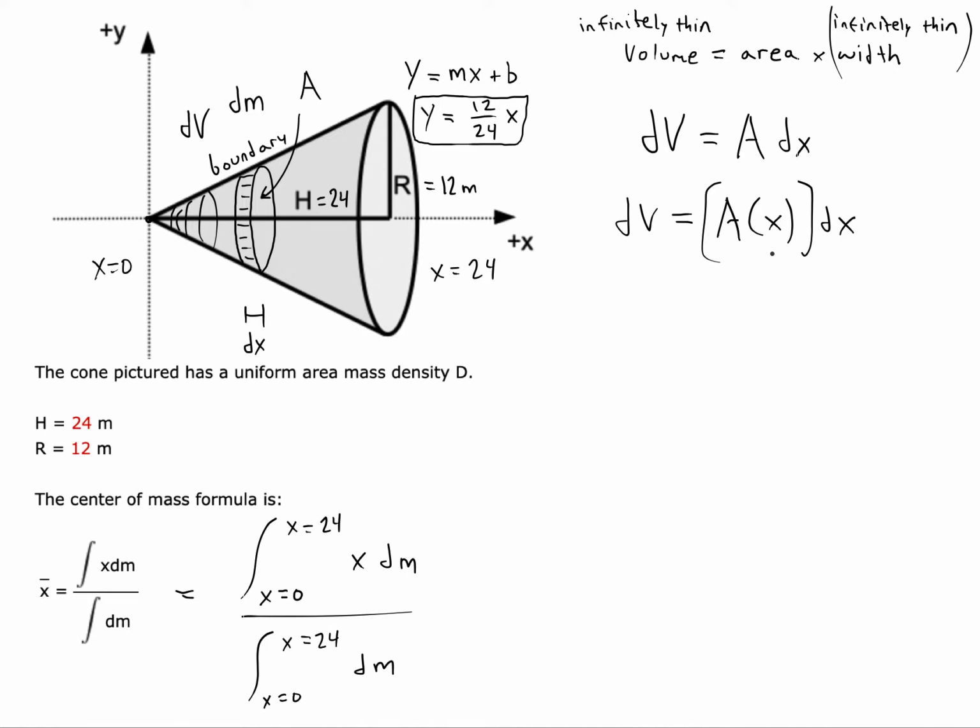Even before I find the area, another important thing to find would be the radius of each disk. That's changing too. So what is the radius? Well, I notice I have this formula, y equals 12 over 24x. And so basically, the radius as a function of x will also be 12 over 24x.